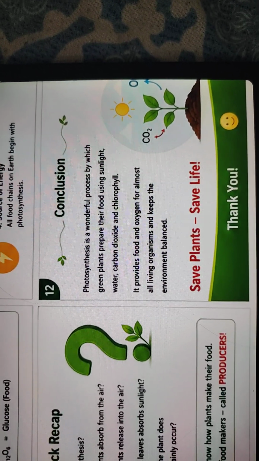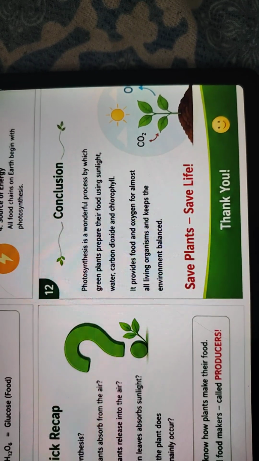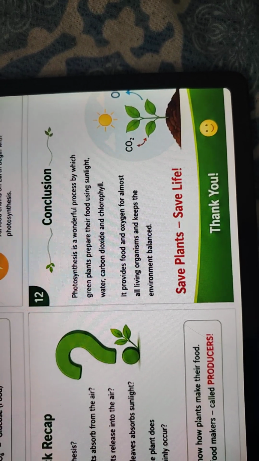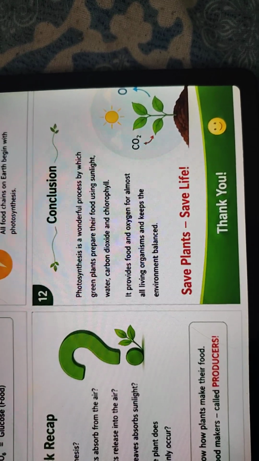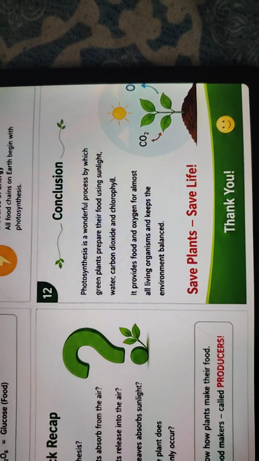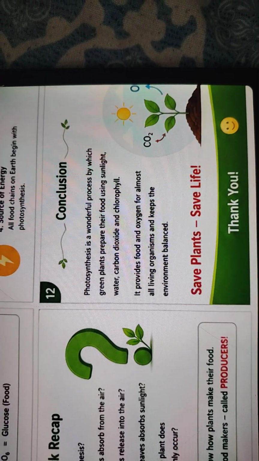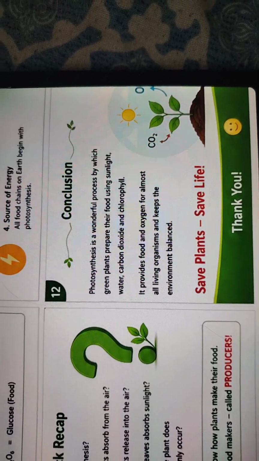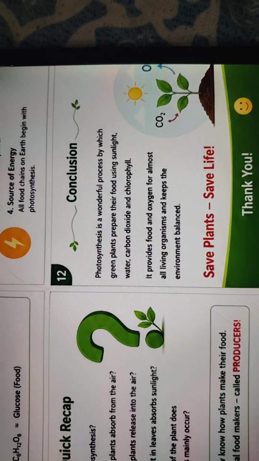Okay, so now you know why photosynthesis is so important, how food is produced in the life cycle, and how we get oxygen. Okay, so that's why we say save plants, plant more trees, so that our lives will also get saved. Okay, thank you.